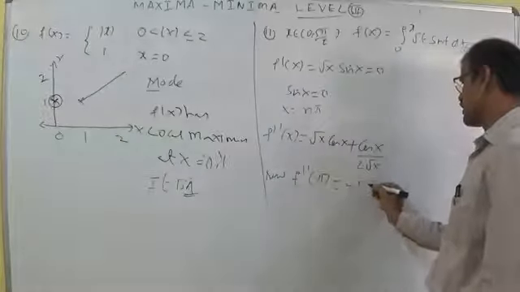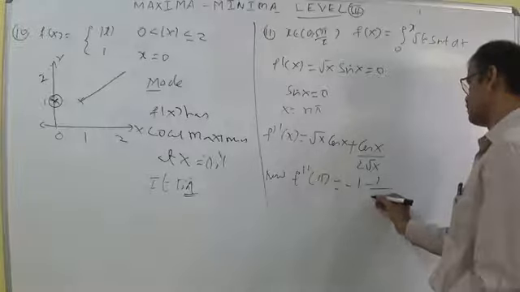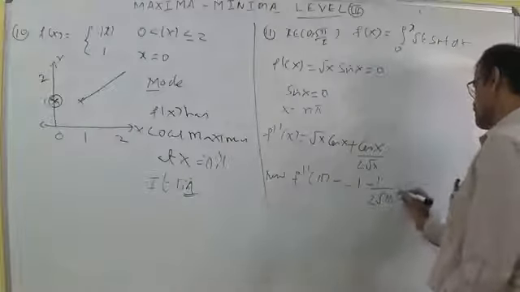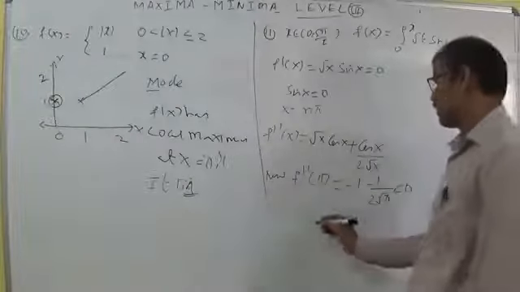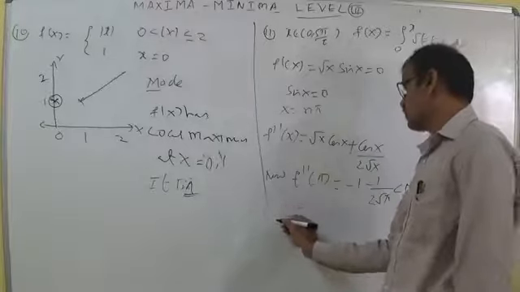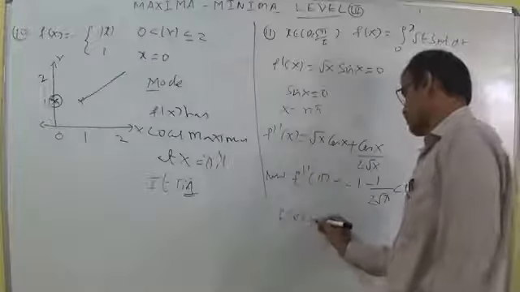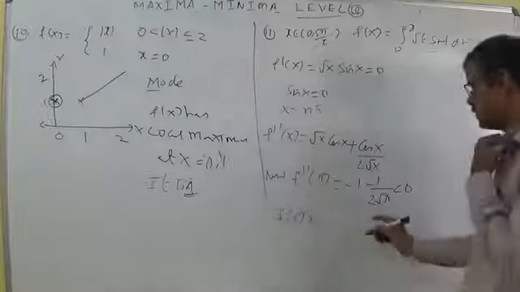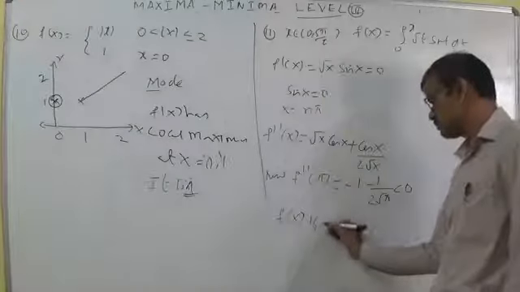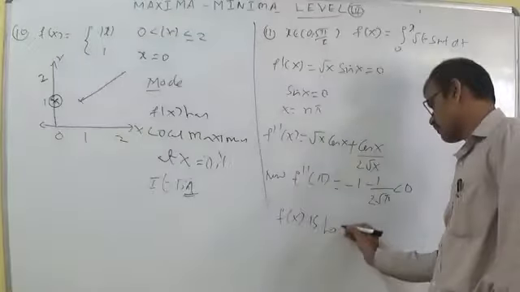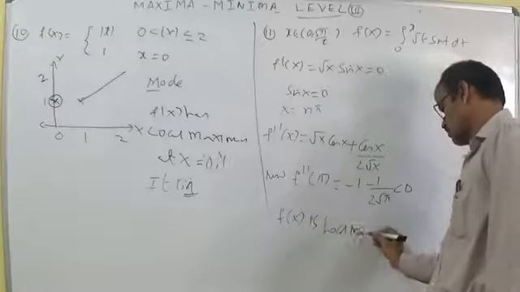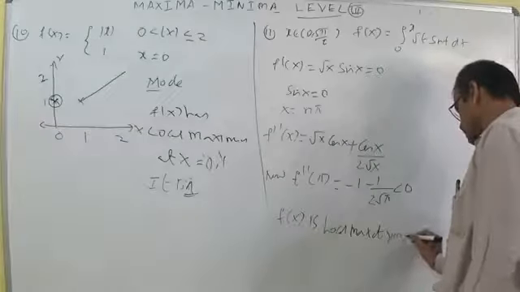And cos pi is again minus 1 by 2 root pi, so it is negative. So at x equal to pi, whenever f double dash x is less than 0, it is a maximum. f of x has a local maximum at x equal to pi.